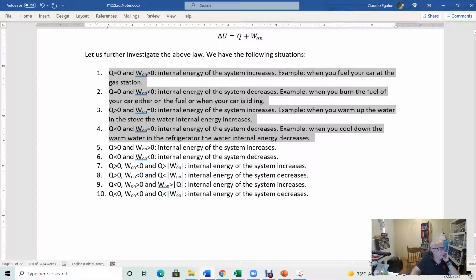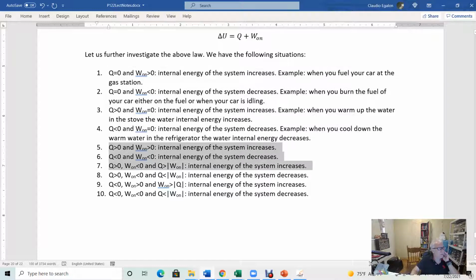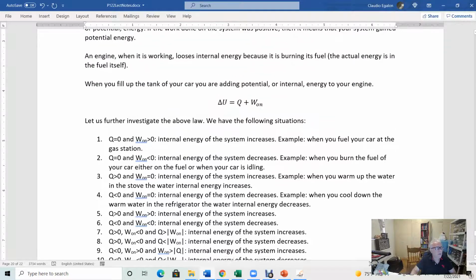And then you have things a little bit more involved, right? Both of them are different from 0, but depending on their magnitude, the internal energy can increase or decrease. So those are the possibilities that you're going to see for this equation.